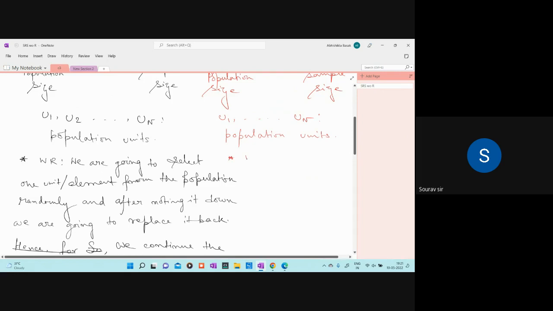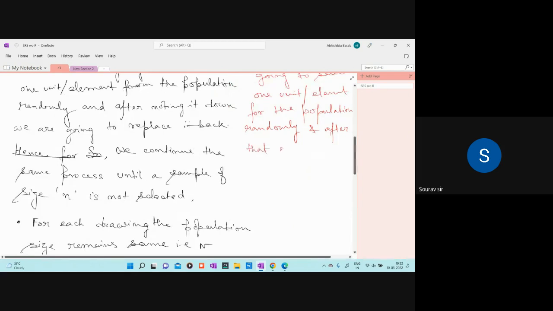For without replacement, we need to mention we are going to select one unit or element from the population randomly, and after that we are not replacing it back.